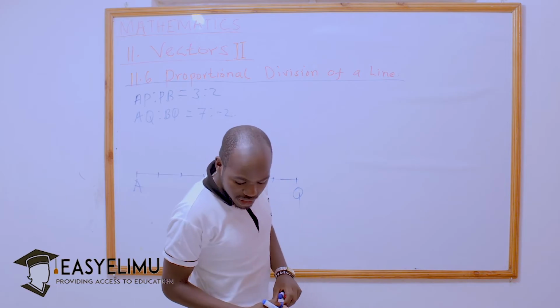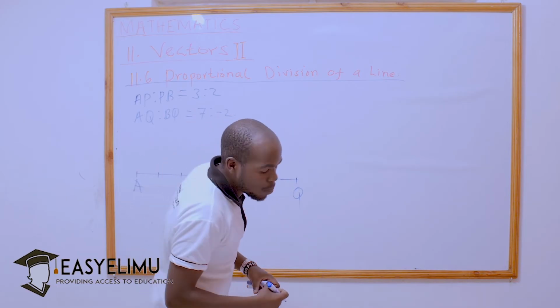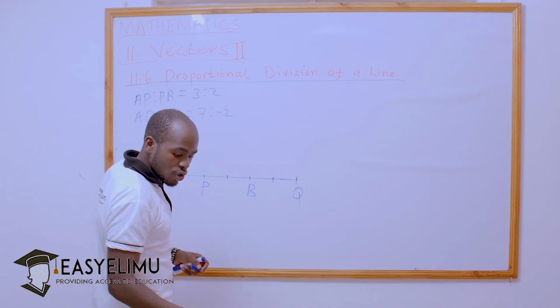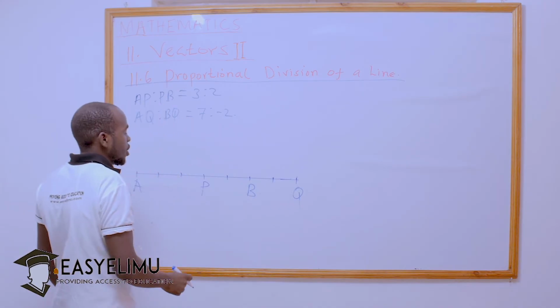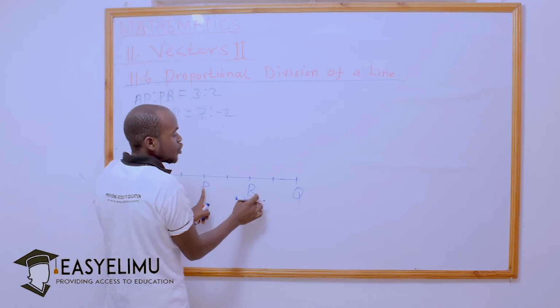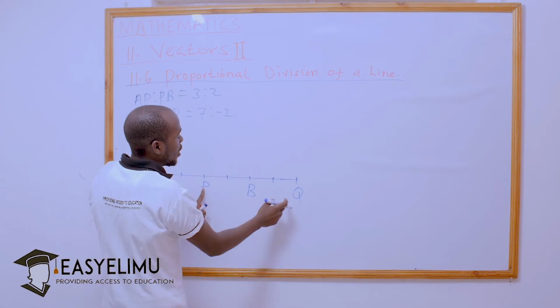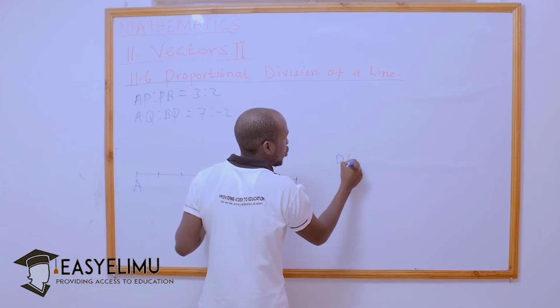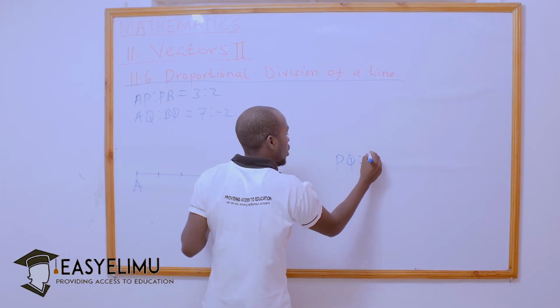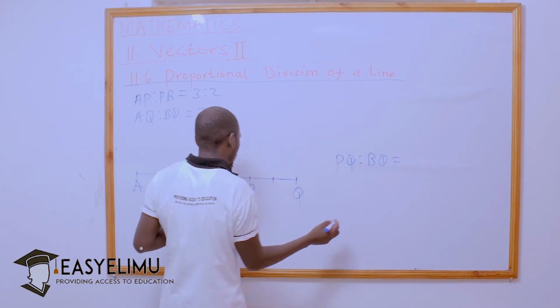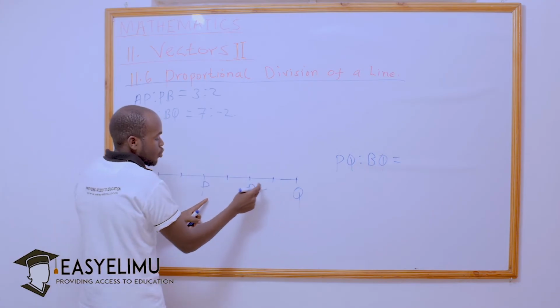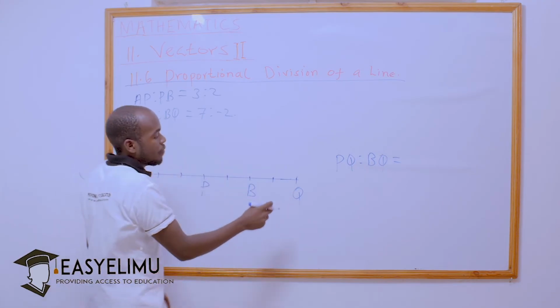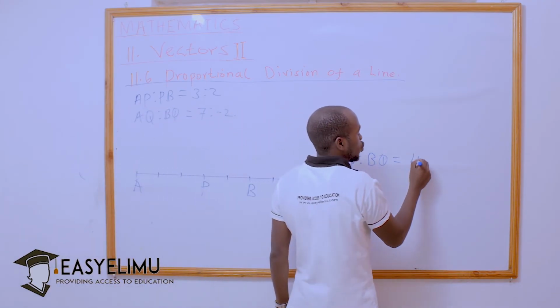The question was to determine the ratio in which Q divides PB. So PB is here, and Q is still outside. You will find that Q divides line PB in the ratio PQ to BQ, which is 4 to negative 2.